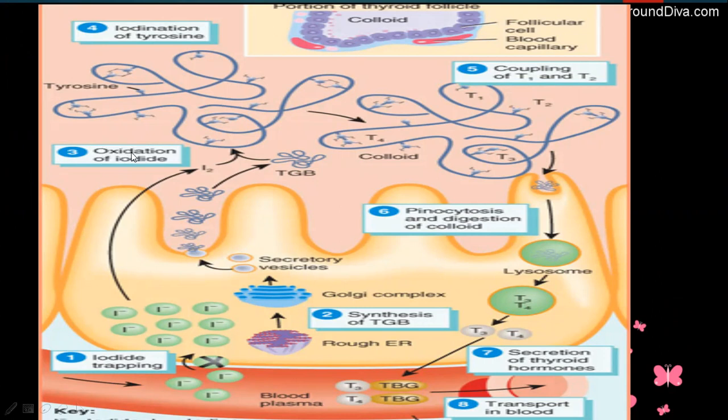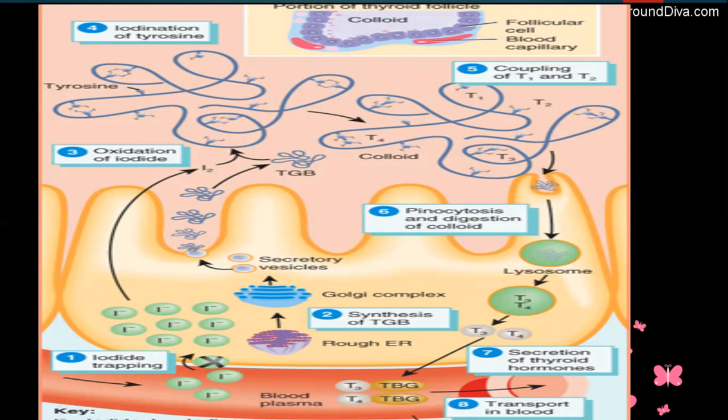Third step, oxidation of iodide. The iodide is converted into iodine, followed by iodination of tyrosine. Fourth step, the oxidized iodine is attached to the tyrosine. If one iodine atom is attached, that is called monoiodotyrosine. If two atoms are attaching, that is called diiodotyrosine. The fifth step is coupling of T1 and T2.